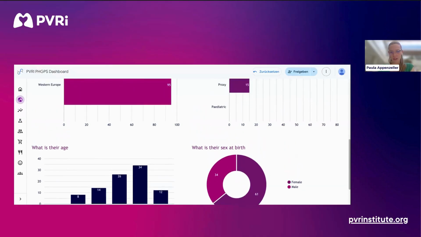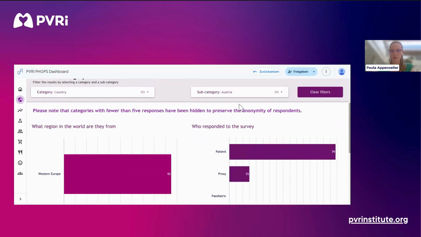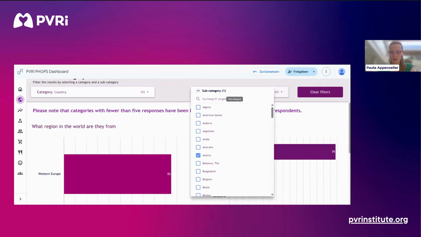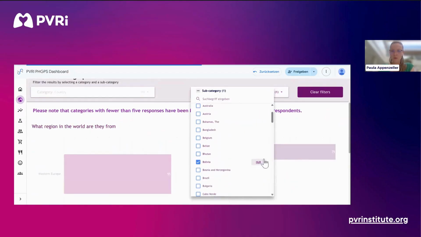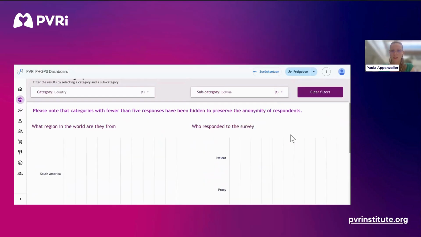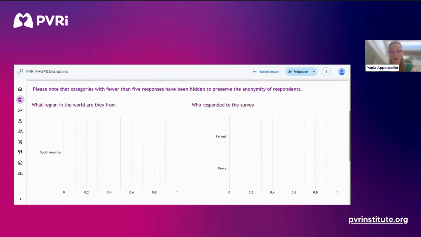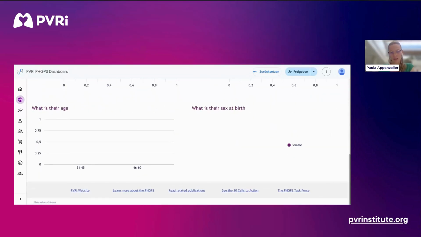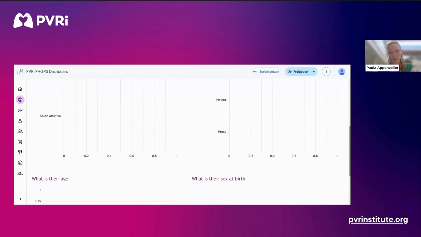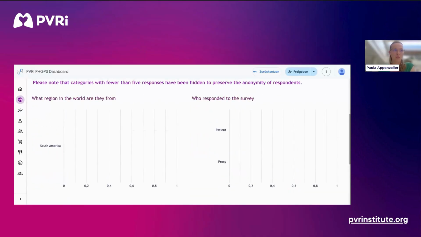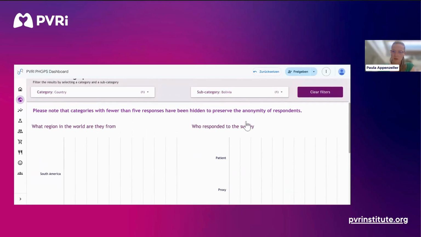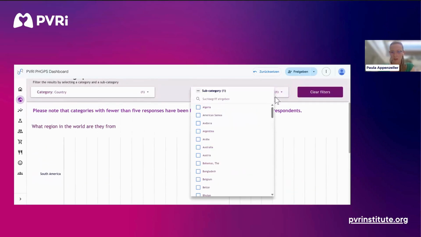If we pick a different country, let's say we switch from Austria to Bolivia, we can see here that in Bolivia we don't have any of the answers, and that is because we have fewer than 5 participants from Bolivia. If we still want to see Bolivian data, the thing we can do to work around this is add some countries that are in a similar area.